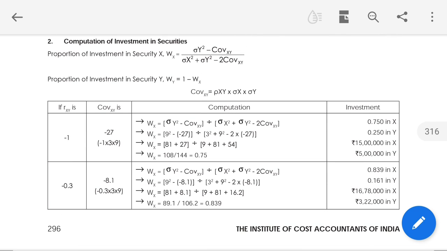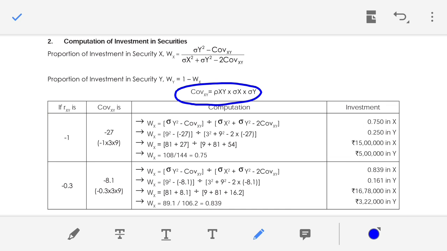In the second column, covariance. How to calculate covariance: rho into standard deviation of X into standard deviation of Y. This is the formula. So first scenario, rho value -1; 3 and 9 are common for everything.